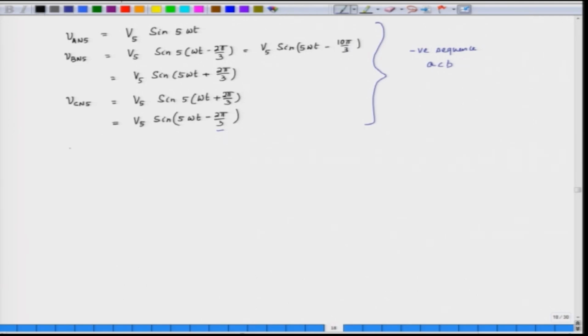Similarly, we can write down the voltage of the seventh harmonic, V n 7, sin 7 omega t.